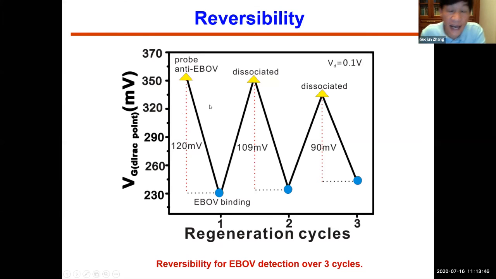So in high ionic solution, Ebola virus and antibody can be dissociated, and we do 3 cycles of association and dissociation, and you can see the voltage, from the first one is 120, and the third one is 19. This means the reversibility is good, and we can say this chip can be reversible.